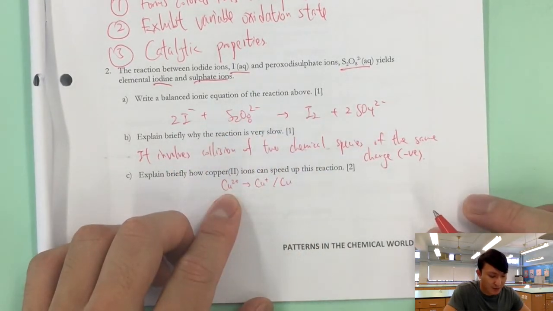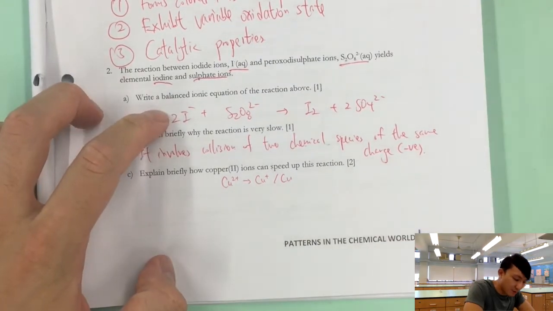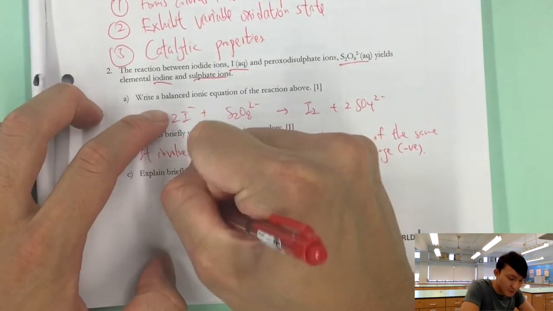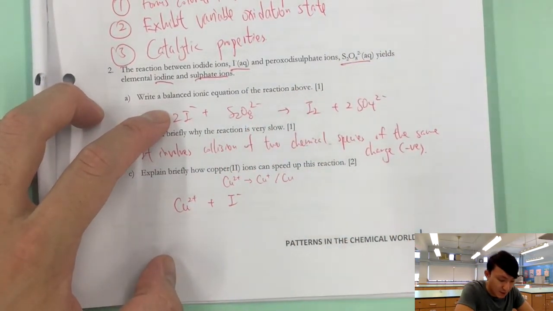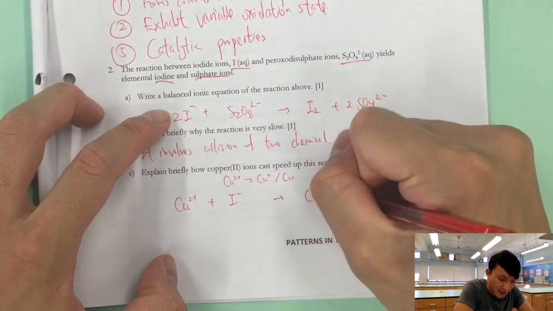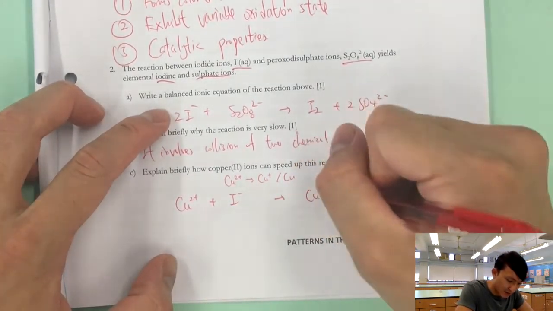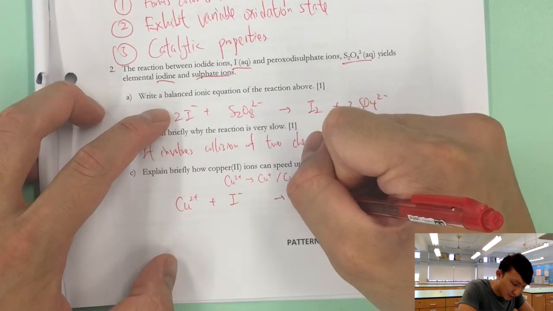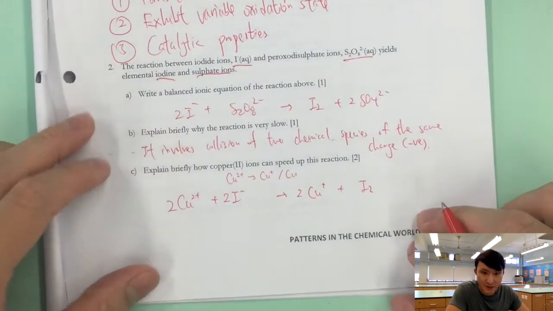So perhaps the Cu2+ will first react with I-. Cu2+ reacts with I-, accepting electron from I-, forming Cu+ and I2. You can balance the equation by adding the 2 here, the 2 here, and the 2 here. So it forms a Cu+ intermediate.